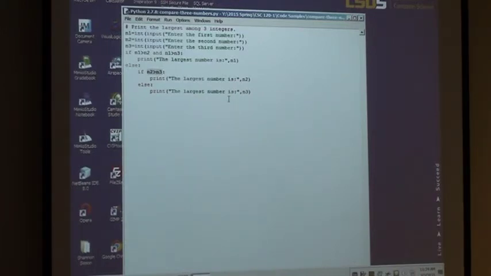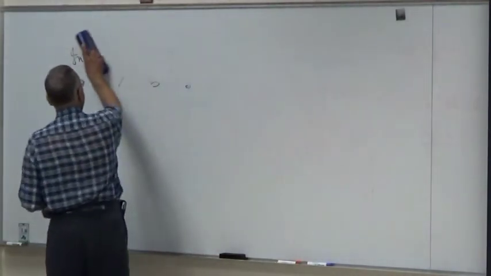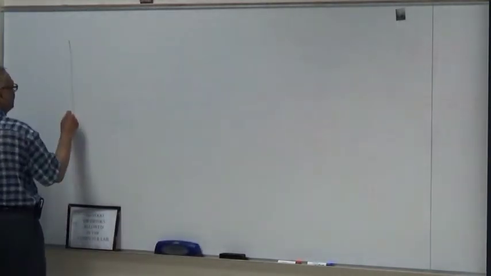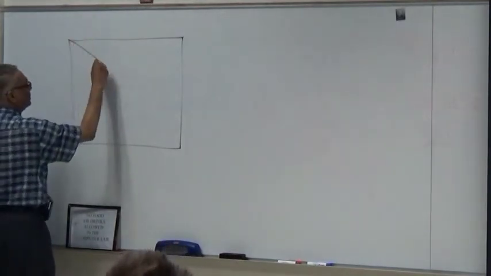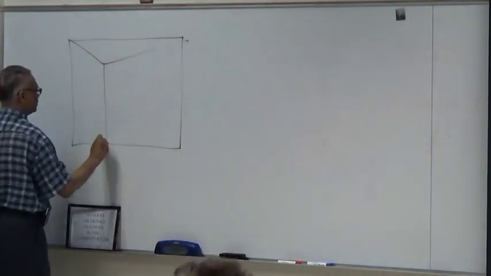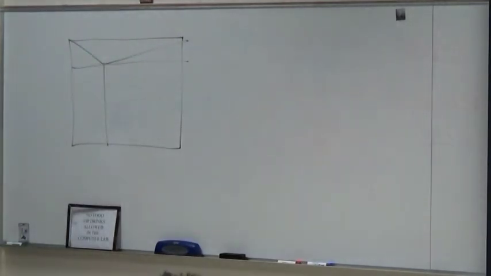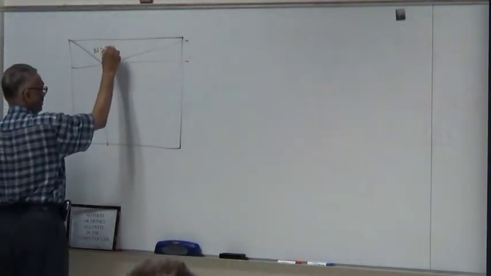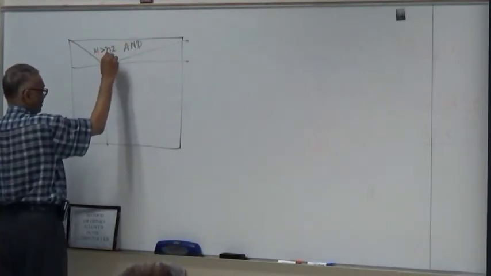I probably should have shown you an example in structured flowcharts. I think there are some examples. Nested if statements can be written like this. For this case, you would write n1 greater than n2 and something to indicate that n1 is greater than n3.